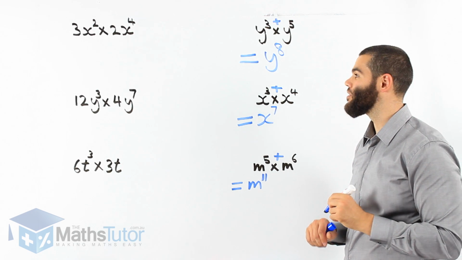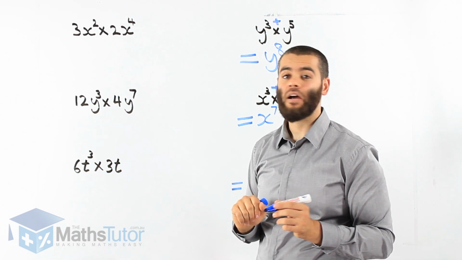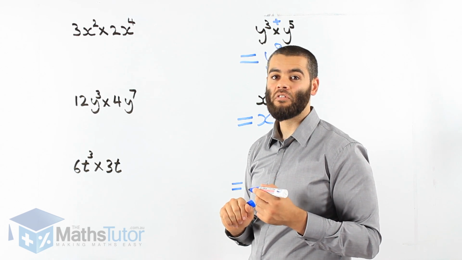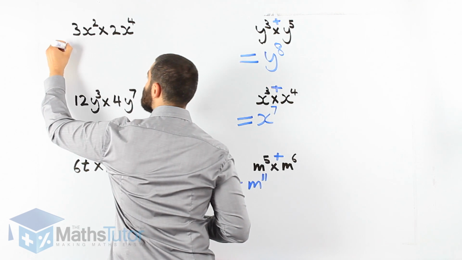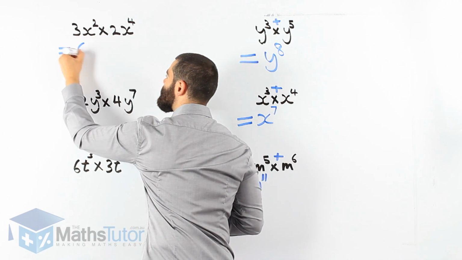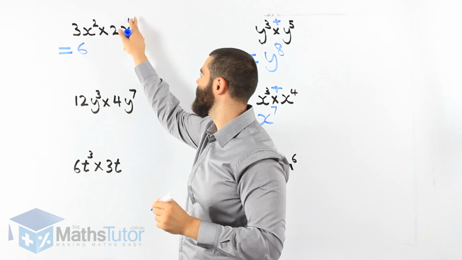Let's do some more. 3x squared times 2x to the power of 4. We have pronumerals and we have numerals. So the numerals, simple. 3 times 2, 6. Then, do we have the same base? Yes, we do. x squared, x to the power of 4.